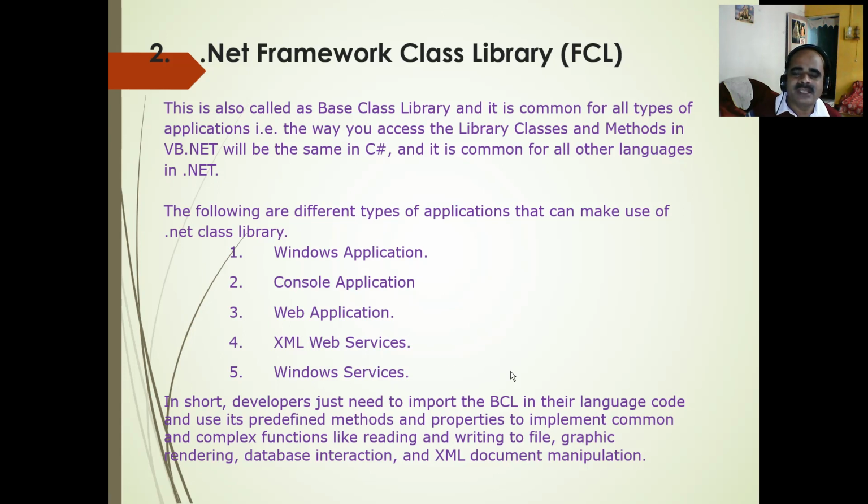This class library is the common one, and it gives you access to whatever classes and methods are required for VB.NET, C#.NET or JS.NET, all the languages, which are available in this .NET. That's why the class library, which is called FCL, is the support for the .NET technology.